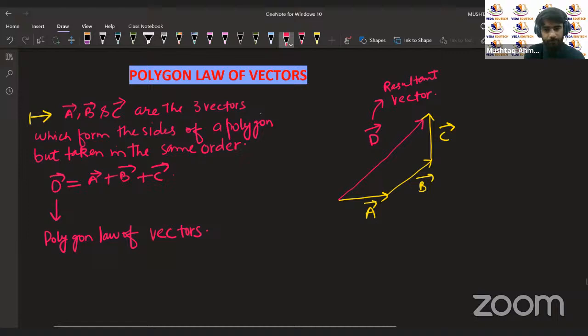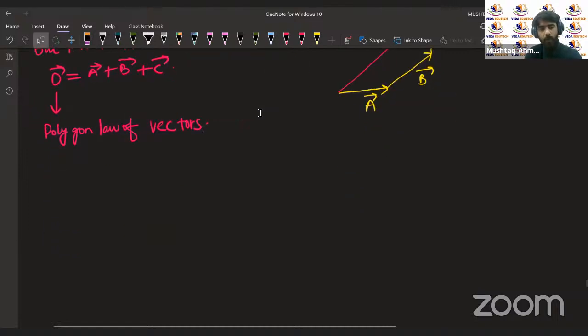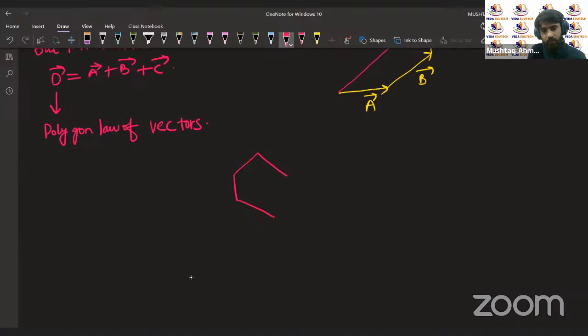Let's suppose that this is a regular polygon, or you can say this is a hexagon here.